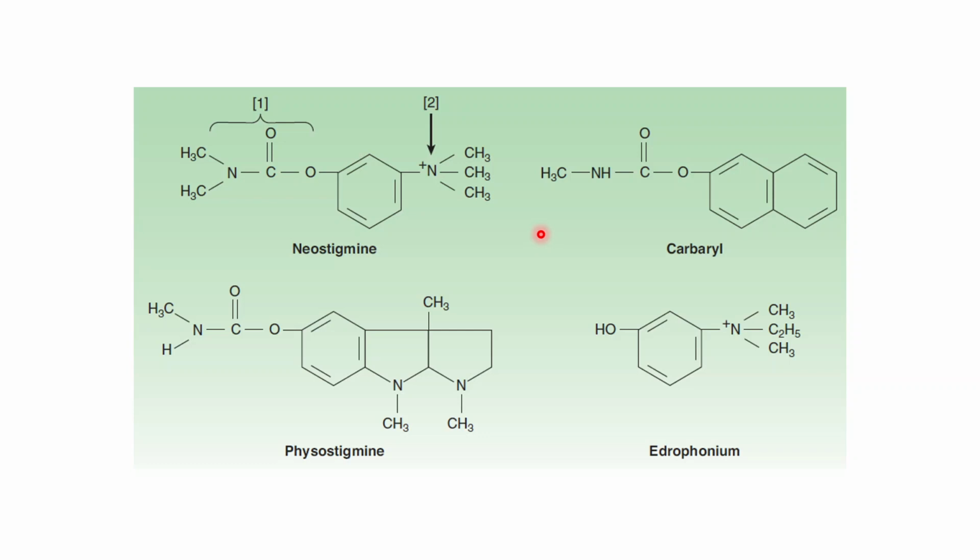A few of the important organophosphates are shown here. Many organophosphates are highly lipid-soluble liquids. For example, echothiophate is an acetylcholine derivative, and it has a long duration of action, but is more stable in aqueous solutions.